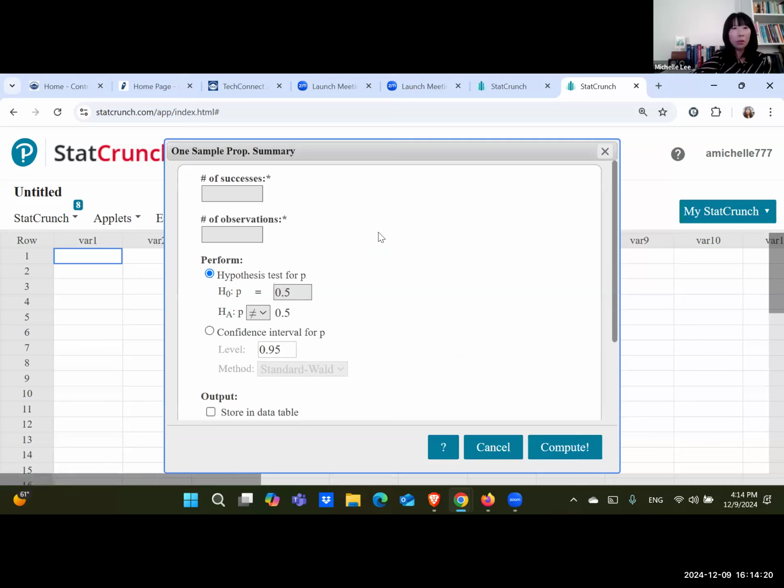Okay, number of successes, and I can see that in the chat, 304. And then sample size, which is 1900. Now confidence interval with a level of 95%.